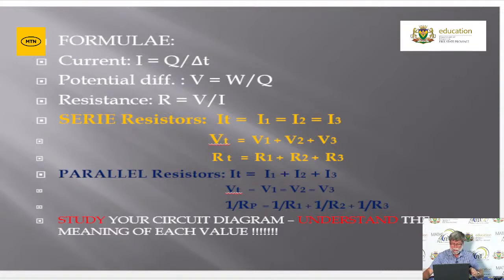For parallel resistors, no, it is current dividers. You add up the different branches to get the total current, but very, very important, the potential difference is the same across all parallel branches.